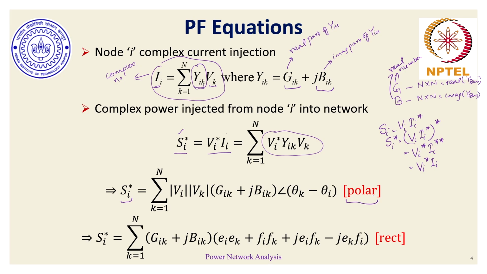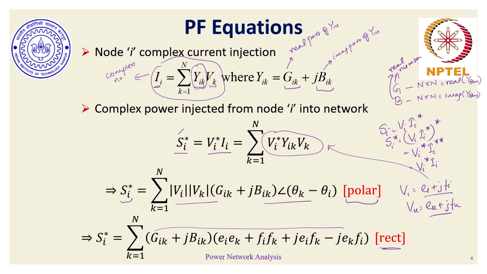In polar form it looks like this, whereas if Vi and Vk have rectangular forms, Ei plus jFi and Ek plus jFk, then substituting and expanding gives the rectangular form of the complex conjugate power.